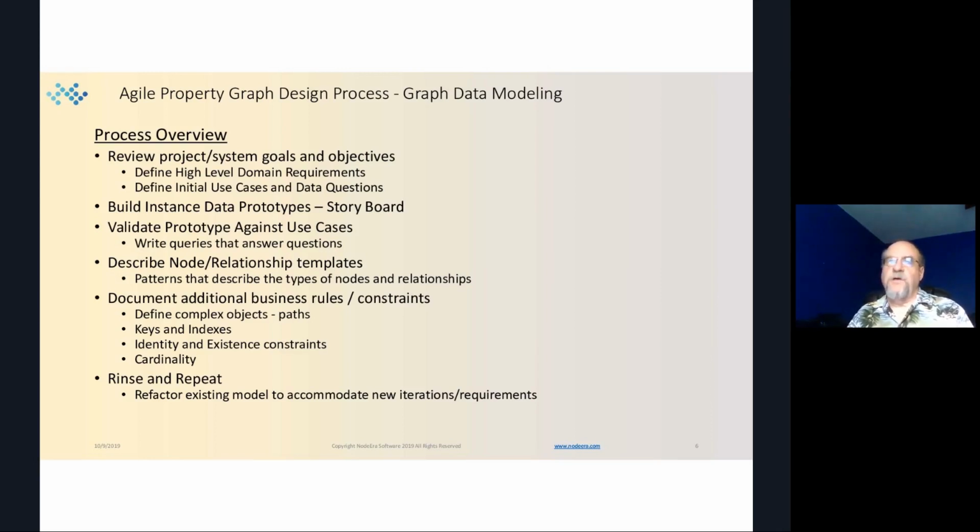If there's a collection of node and relationship types that are required to query together to get an entire picture of an object, that's like a complex object, and it's a path in Neo4j terms. And then existence constraints, cardinality, these are all things that you can define. Now it's in some sense documentation, but it's important documentation to give to developers.